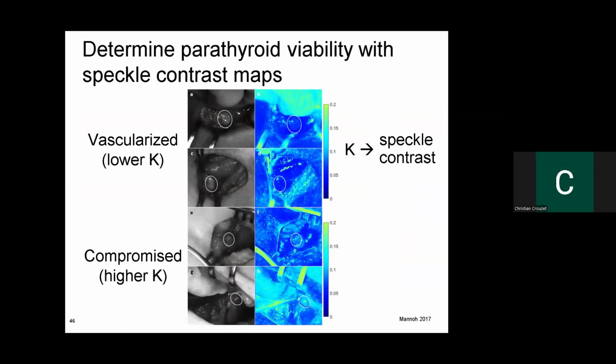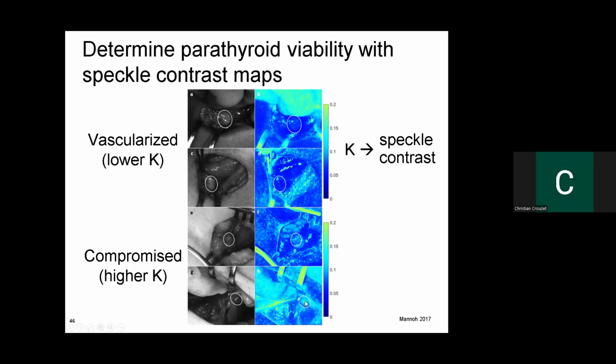So one of the things that is important with looking at parathyroid viability is that they need to know whether enough blood flow is getting to the parathyroid to know if it's doing its function. So in this top panel here, A through D, the contrast here, you can see that it is relatively low in comparison to when the parathyroid here in the white circles, the contrast is much higher.